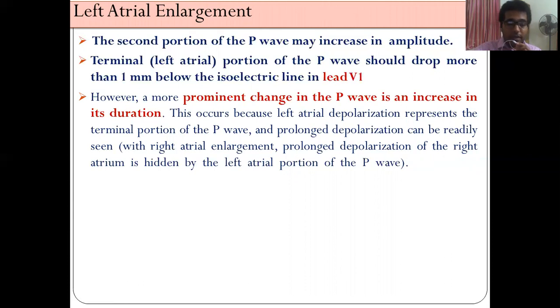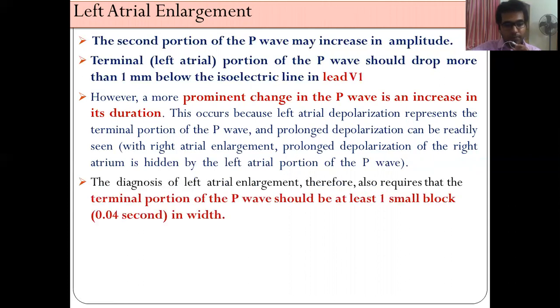But in case of left atrial enlargement, you will find a more prominent change in the duration of the P wave. So the diagnosis of left atrial enlargement also requires that the terminal portion of the P wave should be at least one small box in width, equivalent to 0.04 second, or 40 millisecond.